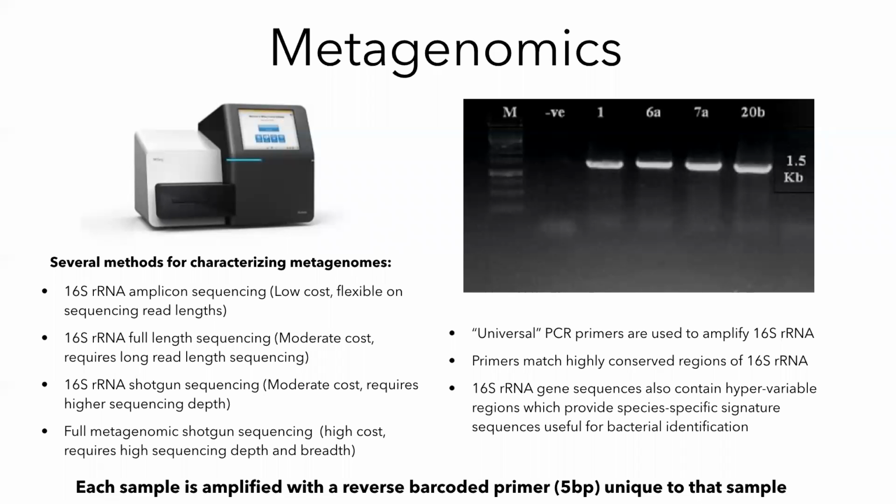And we then look for a specific region. So we look typically in the hypervariable regions. And then we have high coverage. If we use Illumina, we have high coverage for those specific hypervariable regions. And we are able to look at the taxonomy of our sample.